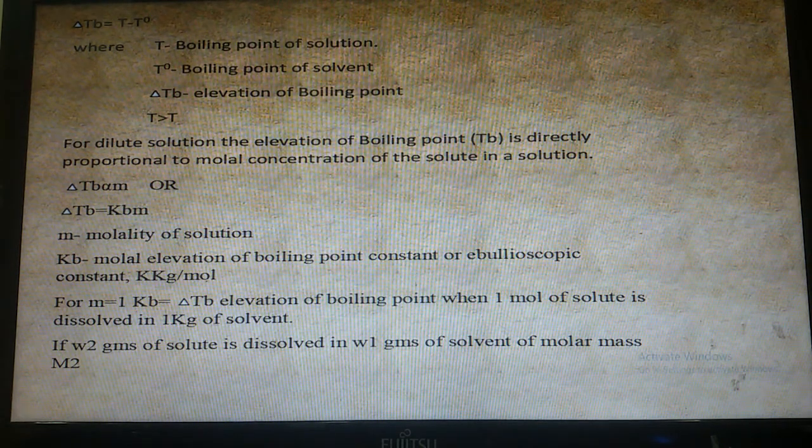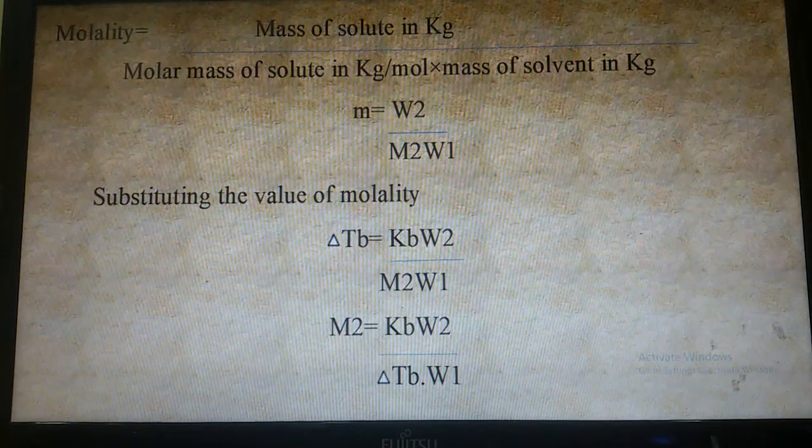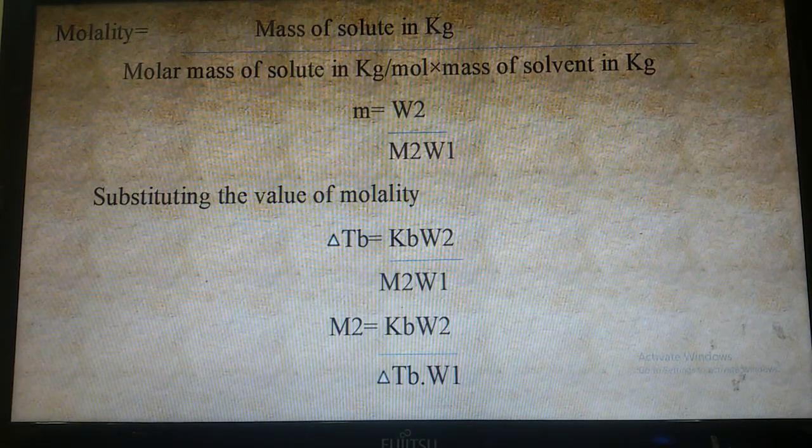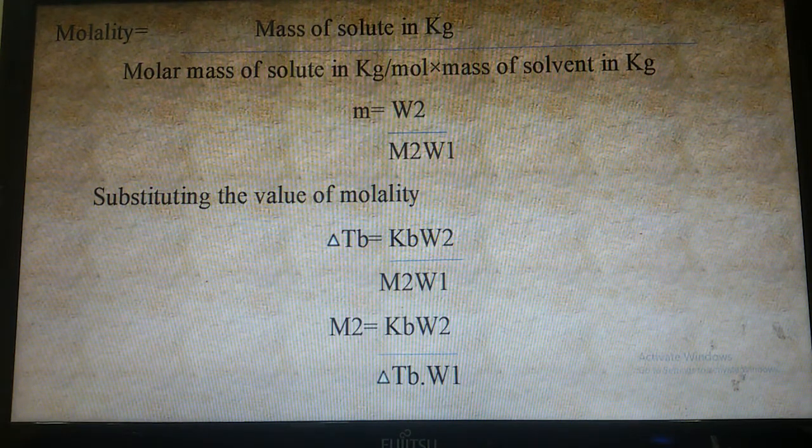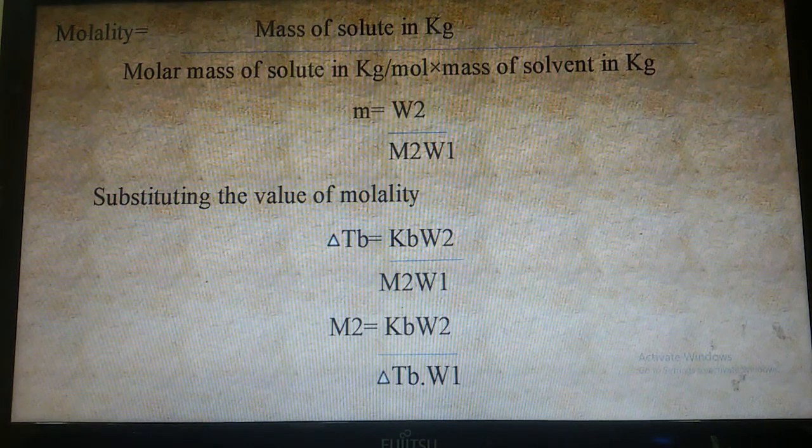If W2 grams of solute is dissolved in W1 grams of solvent, and the molar mass of the solute is M2, molality is equal to mass of solute in kg divided by molar mass of solute in kg per mole into mass of solvent in kg.